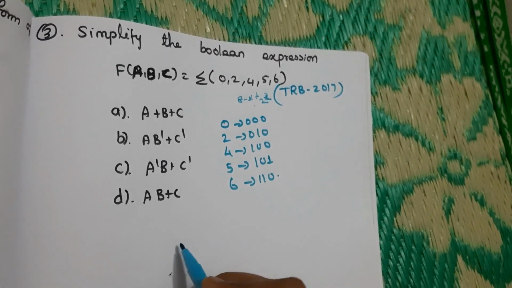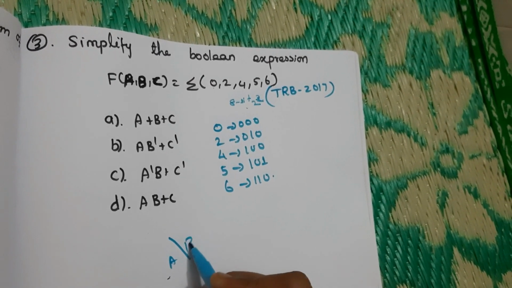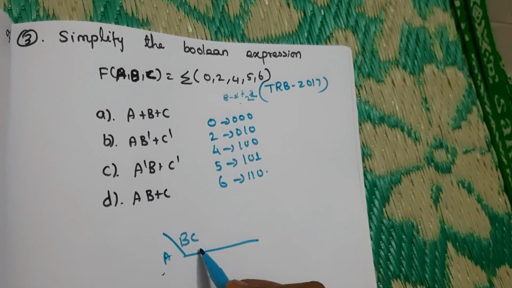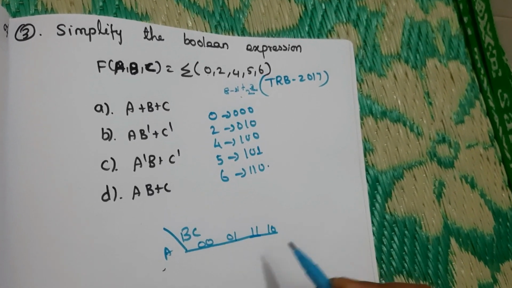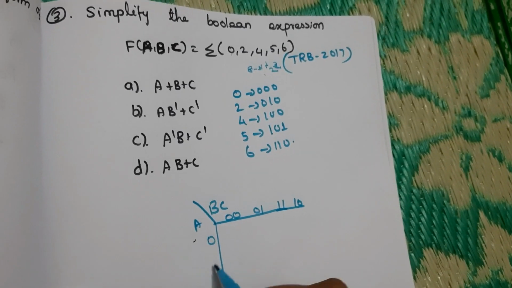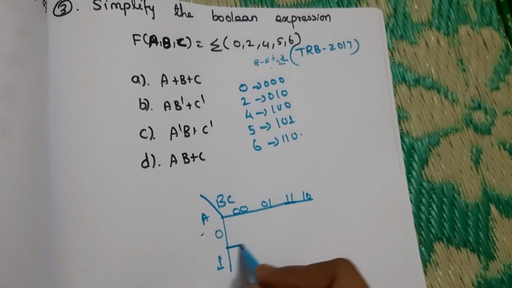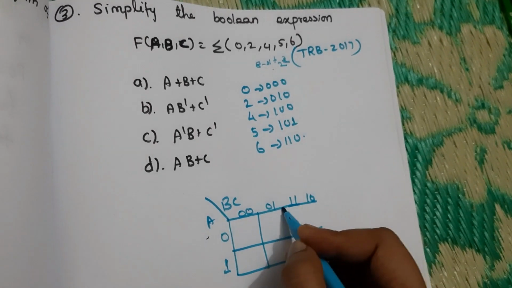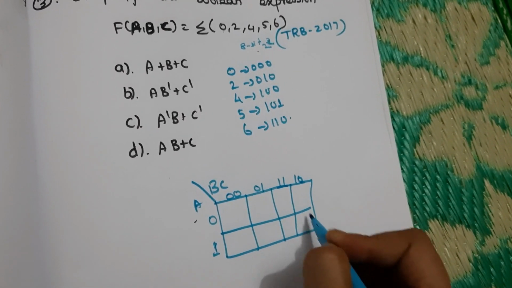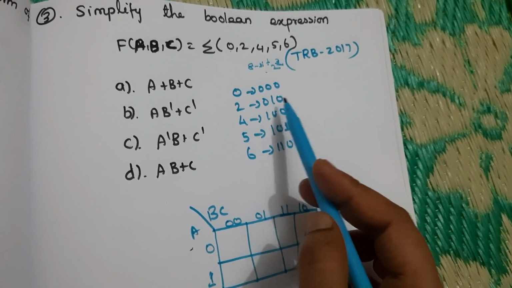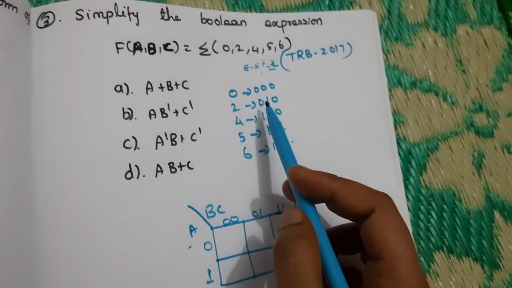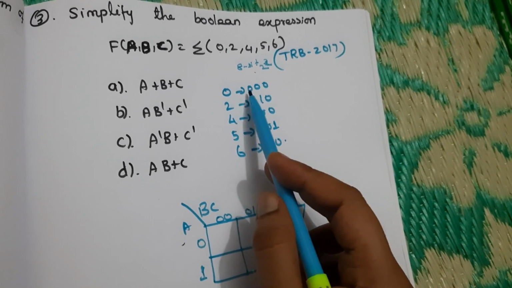So this is a 3 variable K-map. We can write this as A and this as BC. So BC is 0 0, 0 1, 1 1, 1 0, and A is a single bit, 0 1. Now a min term means it produces the output 1, so put 1 for every min term.